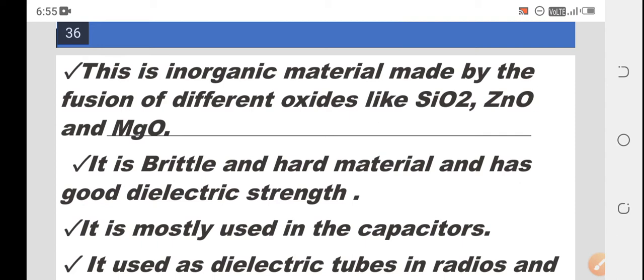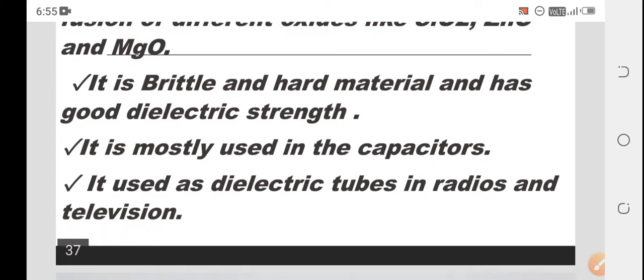The dielectric strength of the material is good, and it is mostly used in capacitors. It is used as dielectric tubes in radios and television.